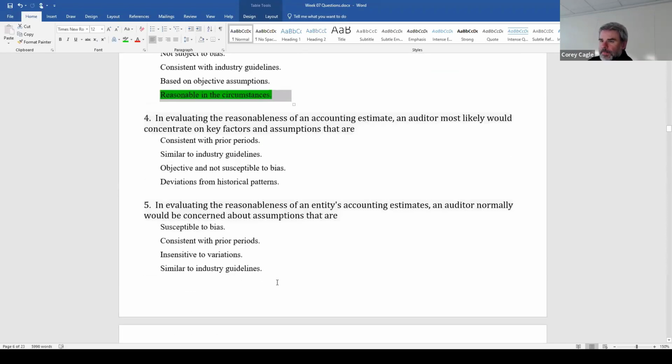Number 4, in evaluating the reasonableness of an accounting estimate, an auditor most likely would concentrate on key factors and assumptions that are A, consistent with prior periods, B, similar to industry guidelines, C, objective and not susceptible to bias, D, deviations from historical patterns.